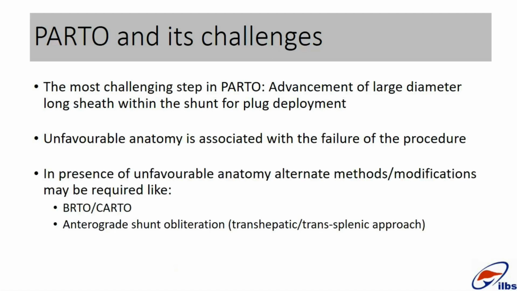So that may lead to failure of the procedure. And if you fail by taking different approaches, then you are left with going back to BRTO, or there is another procedure called CARTO, where you use coils instead of a plug. Or you may do an antegrade shunt obliteration, coming from the transhepatic side or transsplenic side, so accordingly you may try and cannulate it from other locations.